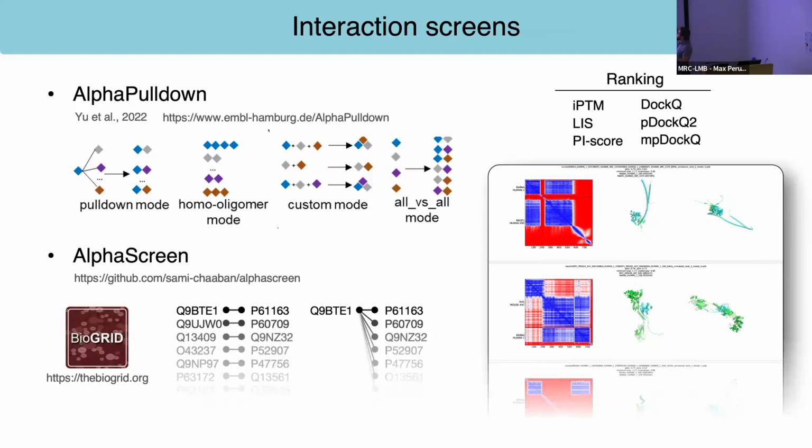We have the local interaction score, the protein interaction score. We have DockQ, which is an older one but also very useful, and a predicted DockQ. These are either interpreting the atomic models that are predicted, so just looking at the interfaces, or interpreting the PAEs and the pLDDTs at the interaction interface. Depending on which implementation you use, you can rank these in different ways.